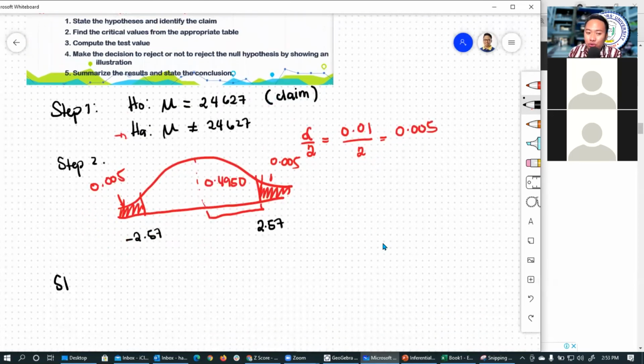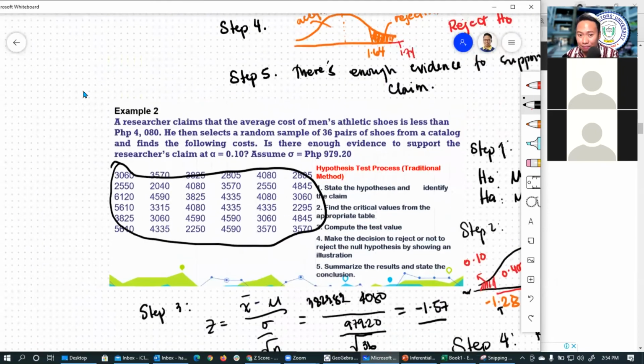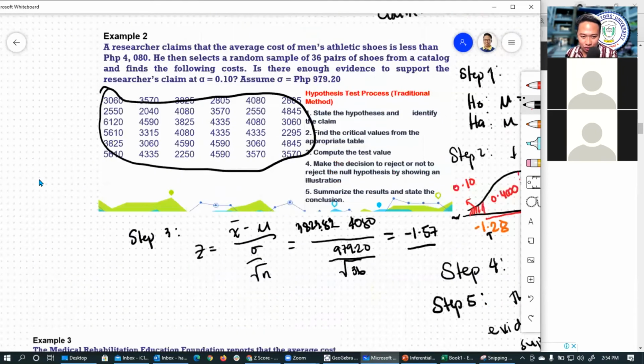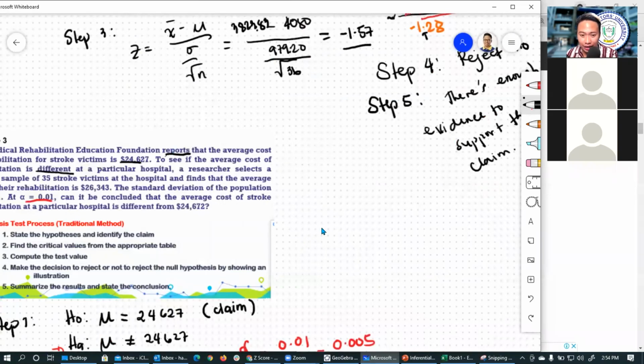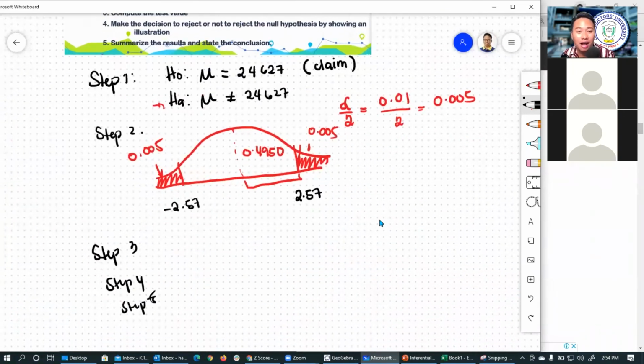And step 3, step 4, step 5 would follow the same thing that we did in the previous two examples. So you can just continue, guys, doing it on your own and confirm if it's going to be rejecting the null hypothesis or accepting the null hypothesis. Questions so far? I'll give you 5 minutes to work on it. Let me know what your answer is.